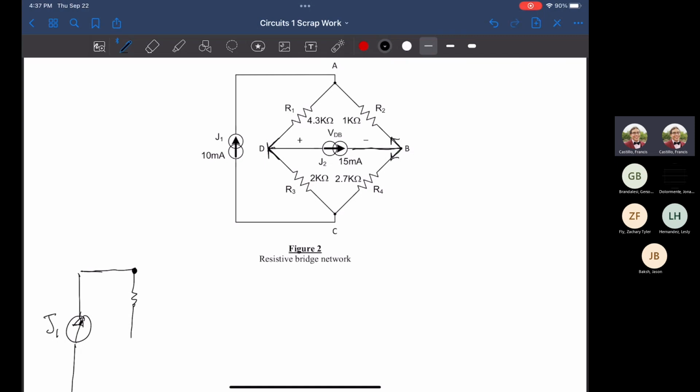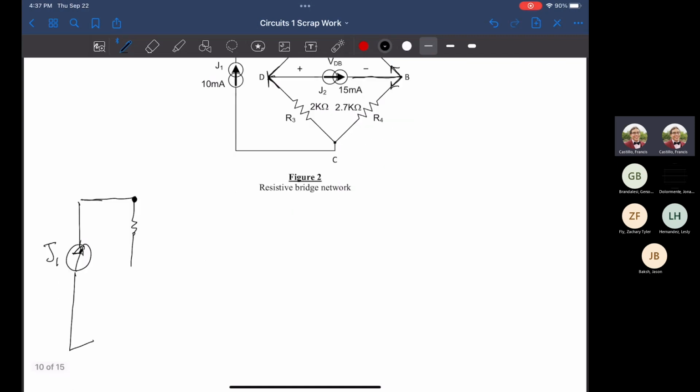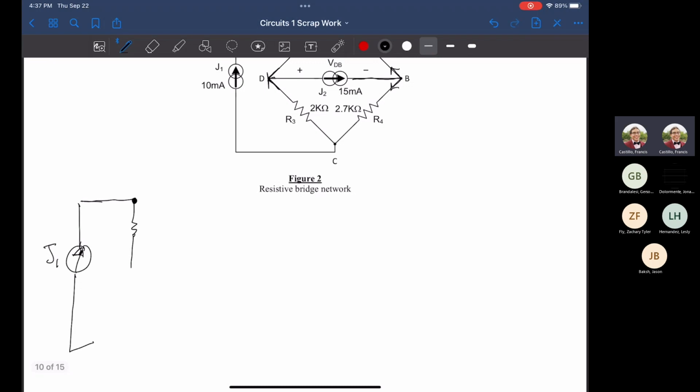I recommend it actually if you really want to see what is going on in a weird looking circuit like this. Don't be afraid to redraw it. Just have confidence in yourself and understanding what exactly is going on. We have that. Okay, so this is R1, all right?